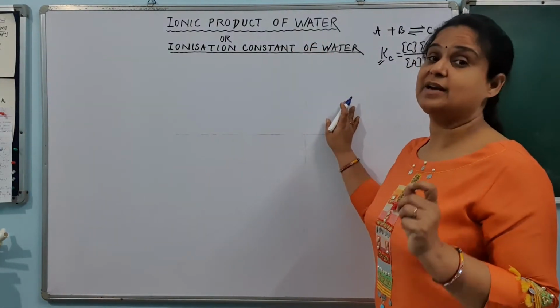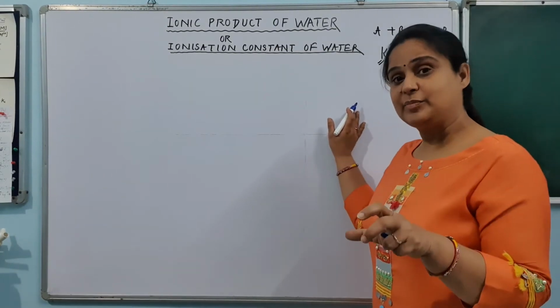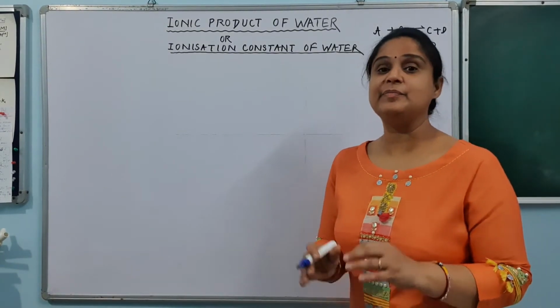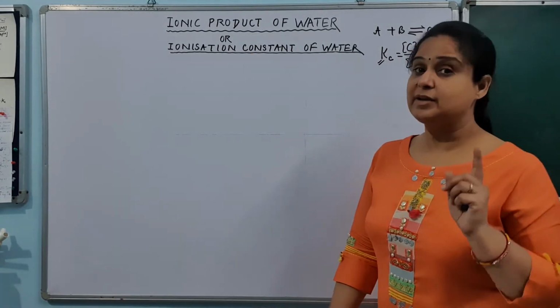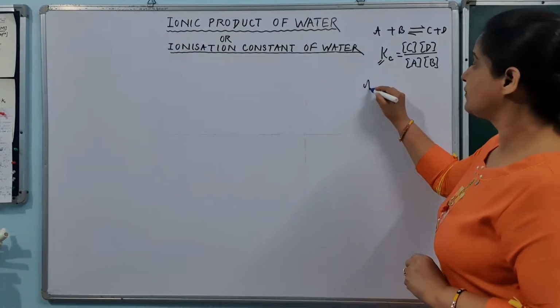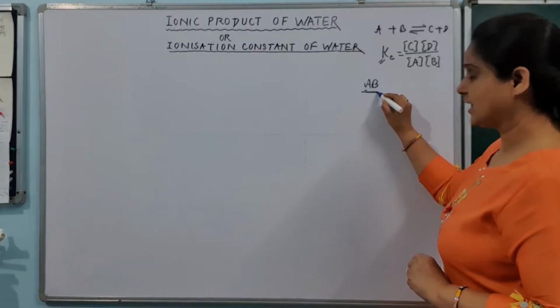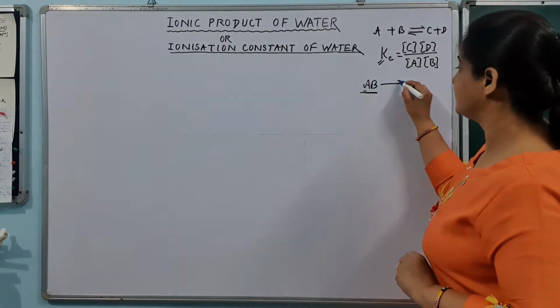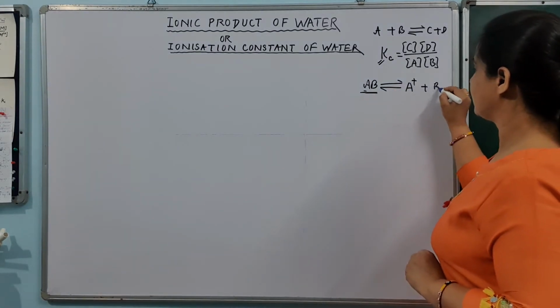So when we applied this concept of Kc, equilibrium constant, on the equilibrium called ionic equilibrium, we named that constant as ionization constant. I am just reminding you this, that if there is a substance called AB, which is an electrolyte, and on passing electricity it will dissociate as A plus ion and B minus ion.